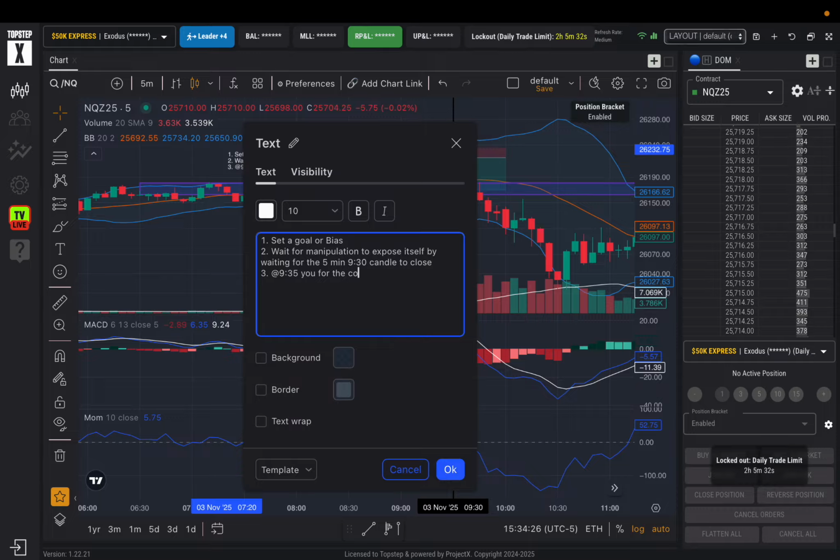So for the continuation or signs of a reversal, right?